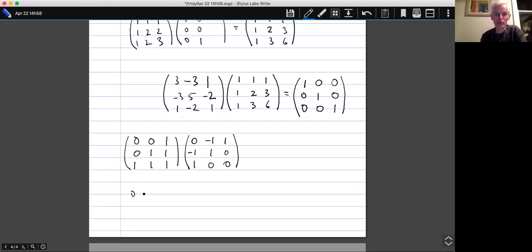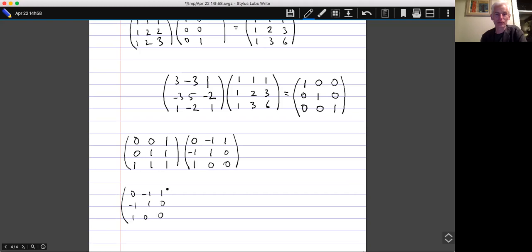So 0, -1, 1, -1, 1, 0, 1, 0, 0. Squared, I'm going to write it out because even at the age of 57, I find it easier to calculate products of matrices by writing them out like this. In fact, I would almost prefer to write this matrix up here, but that's going a bit far.